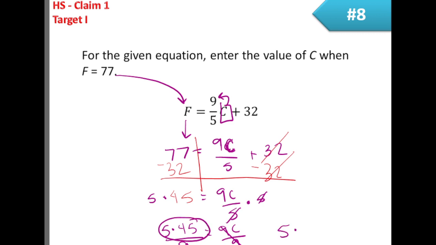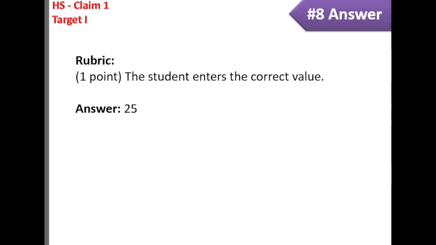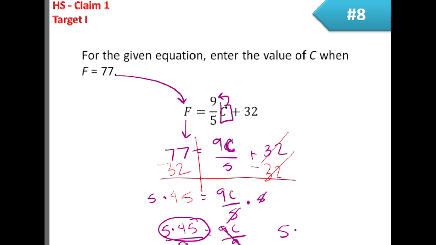We have 5 times 45 over 9. This is the same thing as 5 times 5 times 9 over 9.